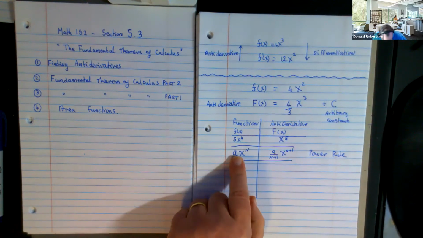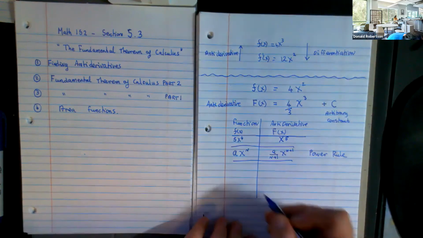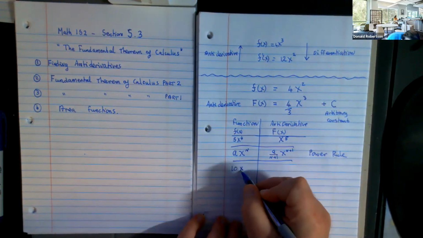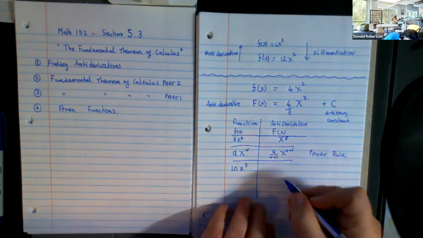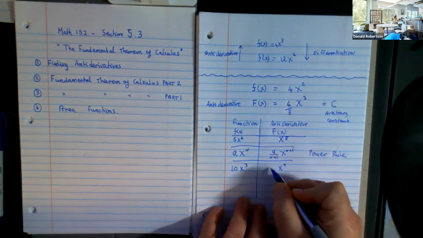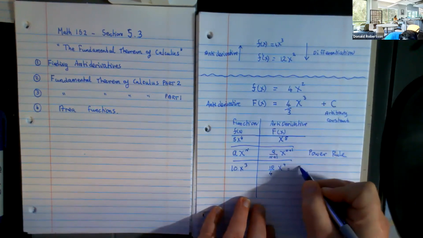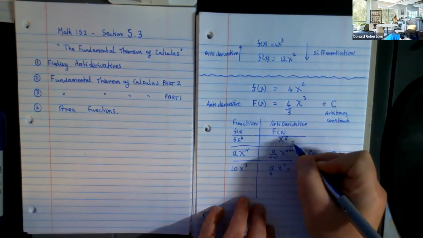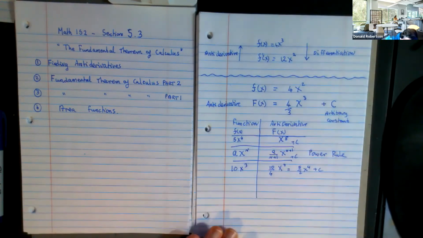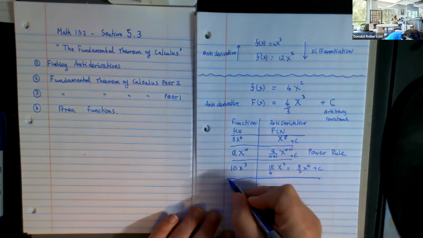So if you wanted to do 5x to the 4, you add 1 to the power and then divide by the new power. Let's pick some random guys. 10x cubed, antiderivative. Add 1 to the power and divide by that new power. If you need to, sometimes you do. Oh, and don't forget your plus c. How about this fella?